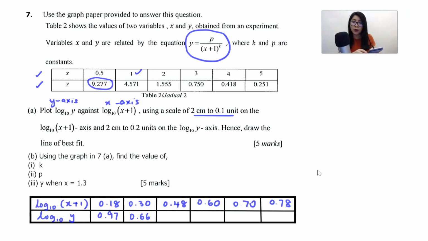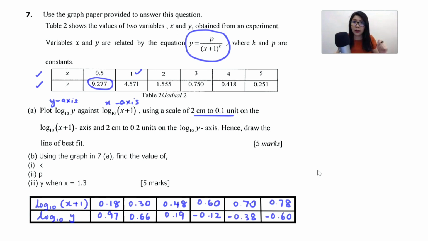Then log 0.418 gives negative 0.38. And lastly, log 0.251 gives negative 0.60.